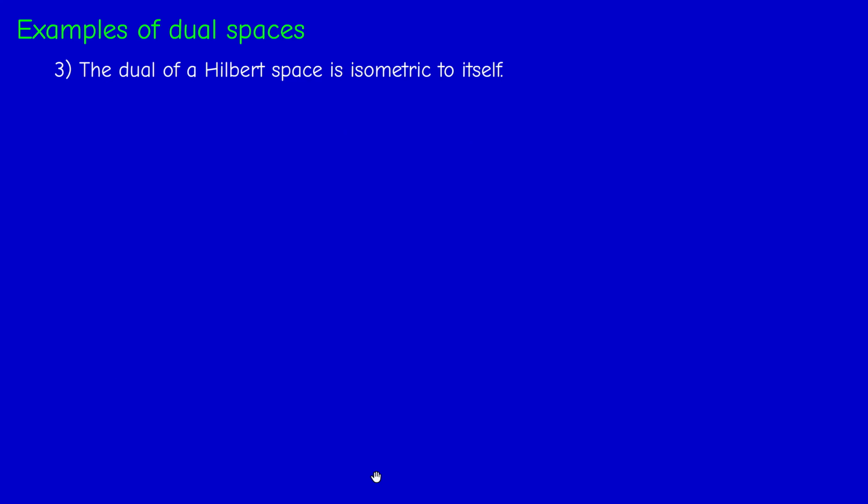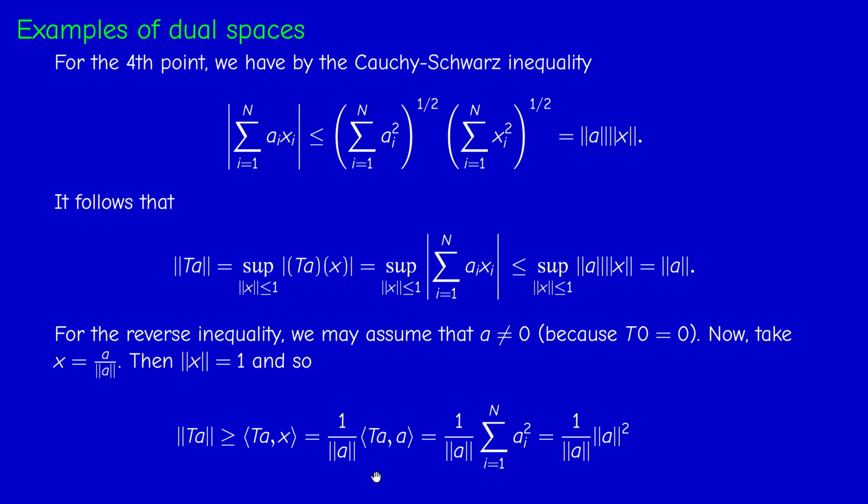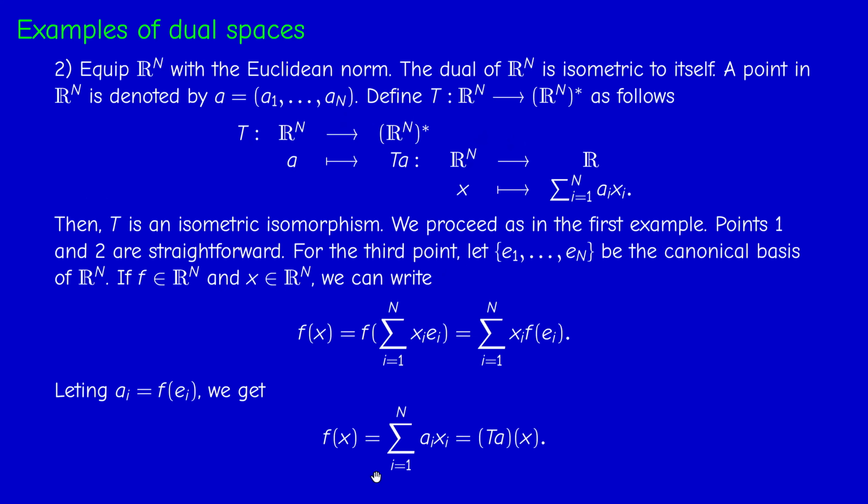Okay. More generally, if you have a Hilbert space, the dual of a Hilbert space is isometric to the Hilbert space itself. Exactly the same procedure, but here we have to use the Riesz representation theorem. So this is just an extension of this example.